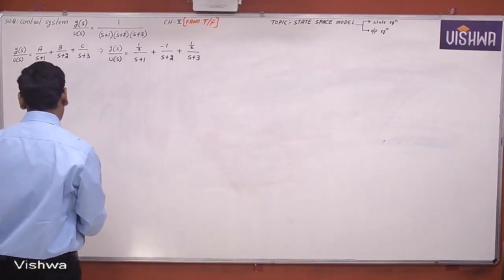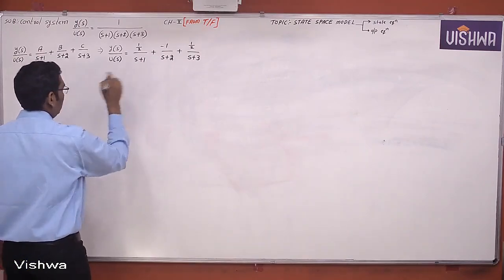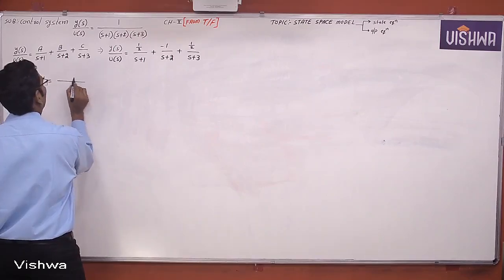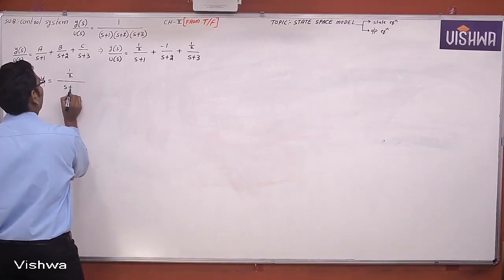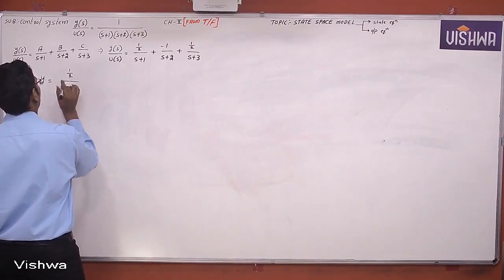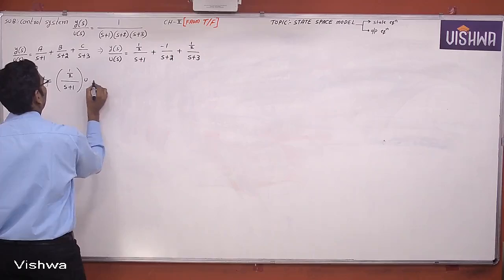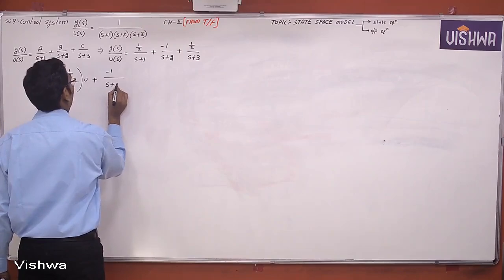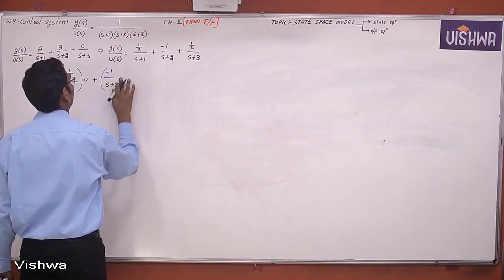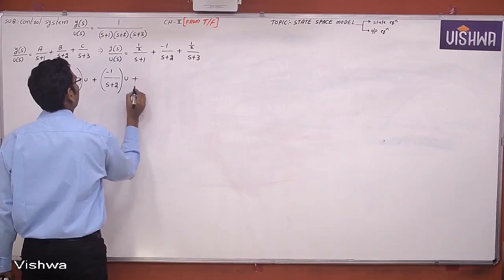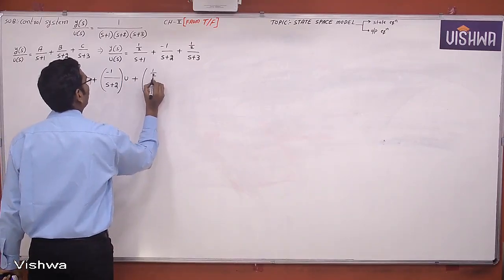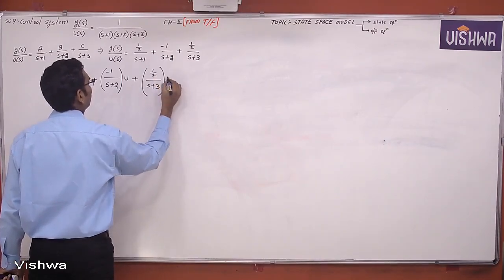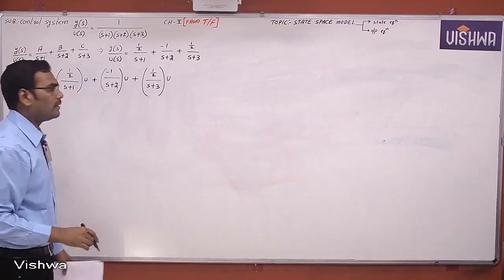So can I write it like this? Y is equal to 1/2 by (s+1) into U, plus minus 1 by (s+2) into U, plus 1/2 by (s+3) into U.